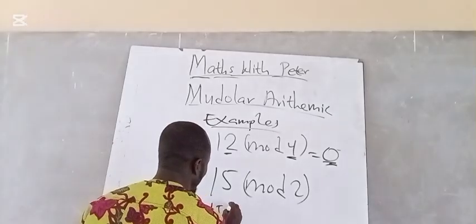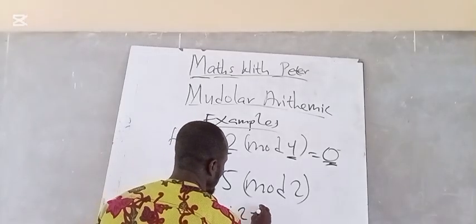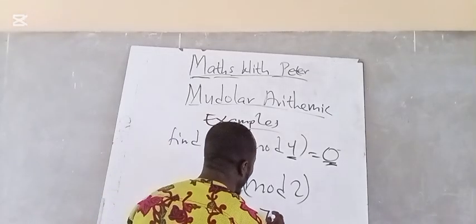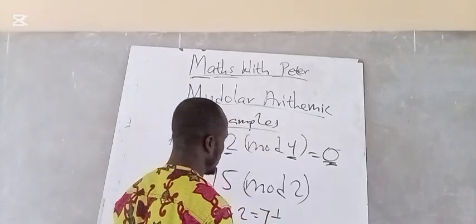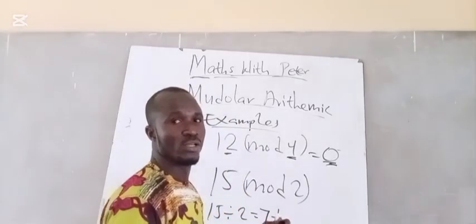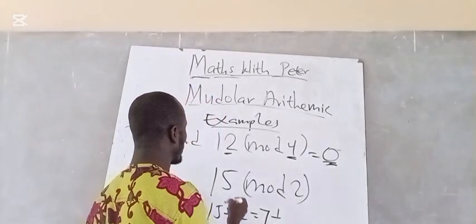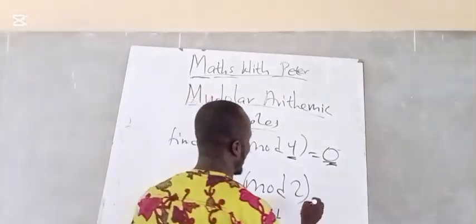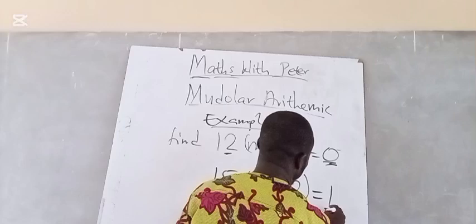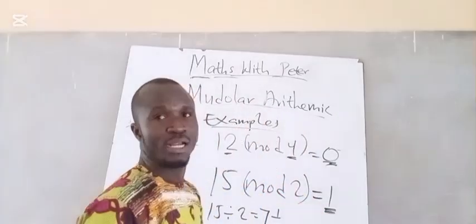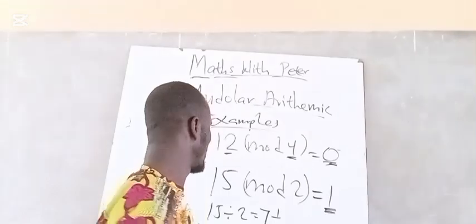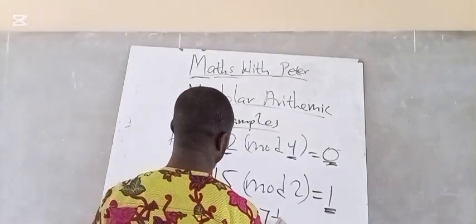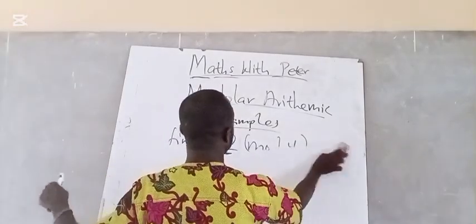So 15 divided by 2 is equal to 7, then remainder 1, because 7 times 2 will give us 14. So 15 mod 2, the answer is equal to 1. I hope you are following what I'm doing. Please pay attention. Okay, let's continue with another example.